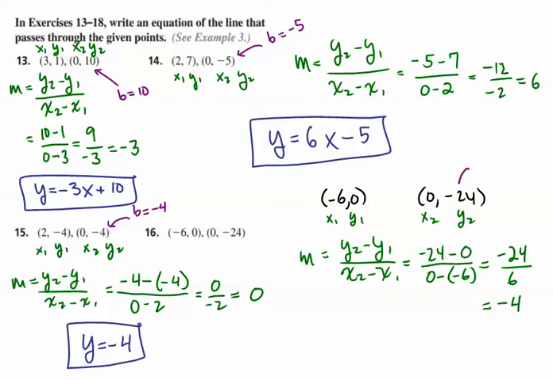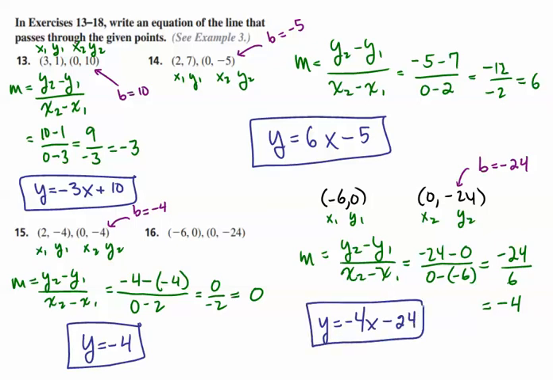The y-intercept is the y value when x is 0, and so putting the pieces together, y is equal to negative 4x minus 24. And so we have a number of examples of that.